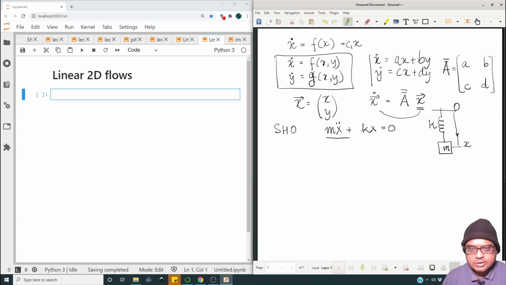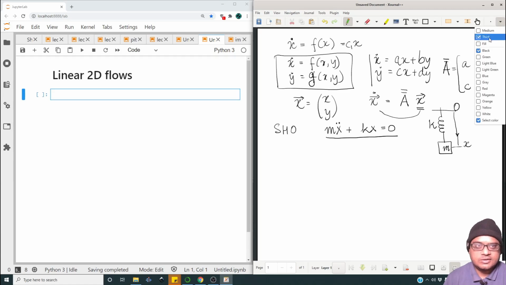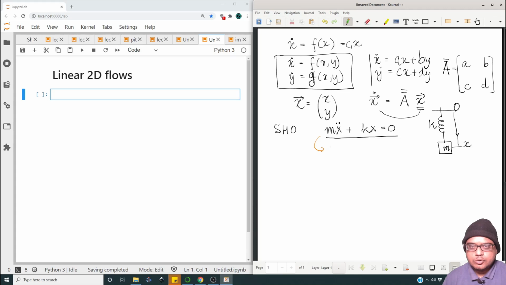Now this is a second order differential equation. We can cast it in the form of two first order differential equations, so the first task will be to split this equation into two first order equations.